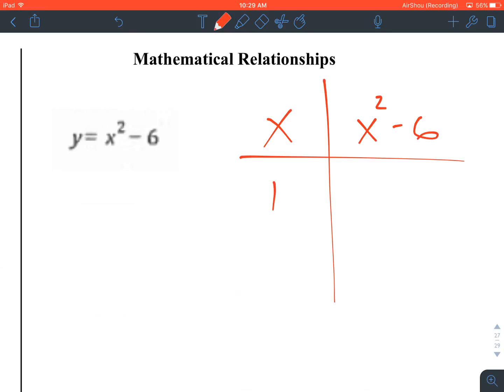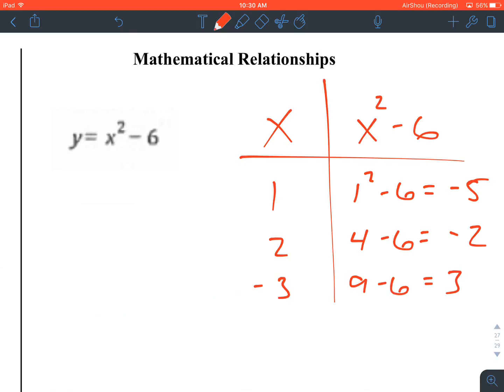So you put a 1 in. That's going to be 1 squared minus 6, which is going to be negative 5. Put a 2 in, it's going to be 2 squared, which is 4, minus 6, which is negative 2. So you put in a negative 3. It's going to be 9 minus 6, it's going to be 3. This describes the relationship between those two things, x and y.